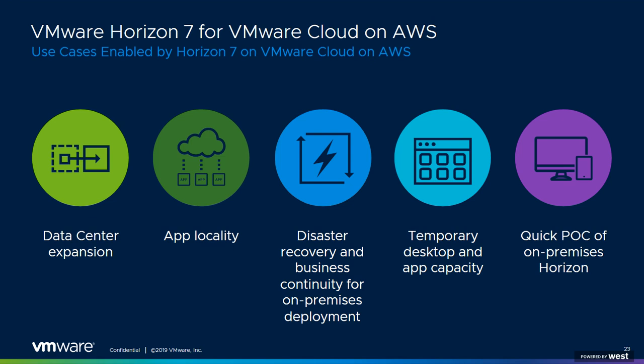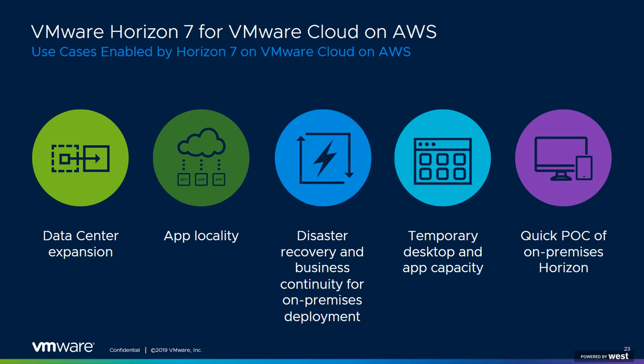The ability for us to move those applications into the cloud is a first start into a full migration of the data center. Technologies like desktops that depend on those applications also need to follow. We also have the technology to provide disaster recovery and business continuity for on-premises deployments of Horizon 7 on VMware Cloud on AWS.